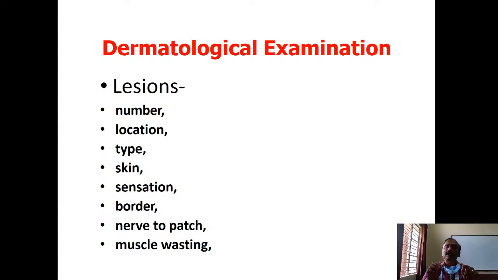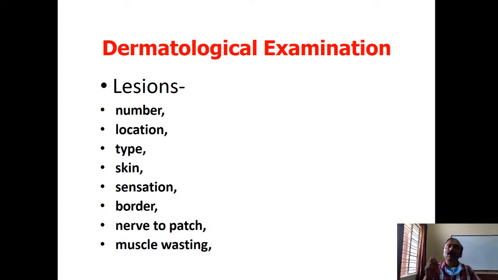The sensations will be measured with the first thing which you will do: take a wisp of cotton and tell the person to close his eyes or look some other way and keep on touching the skin, sometimes on the patch and sometimes on the surface which is normal, and try to find out whether the sensation is lost or not.